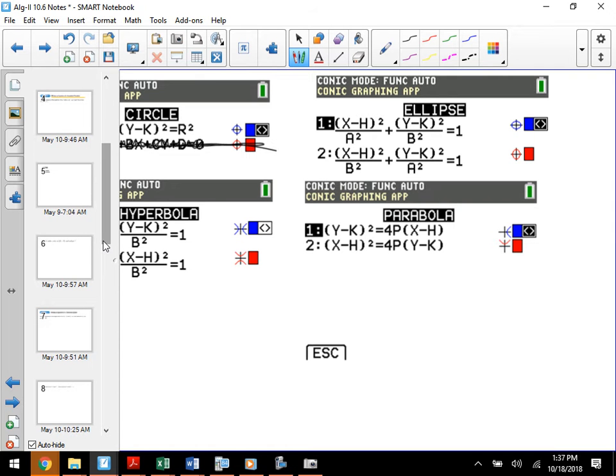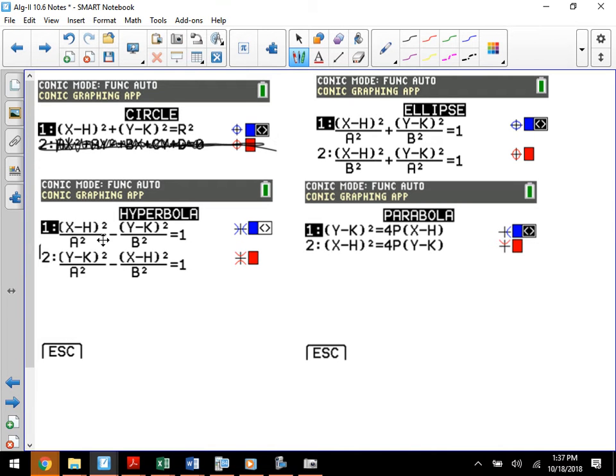And if you want, I sometimes will just make a copy of this page and just have it out. So if you guys want to just have that as the note piece, that's fine. That way you don't have to keep going back to the calculator and all that. You can just have this apart. Sometimes people think it's easier on paper. I'll get that for you tomorrow.